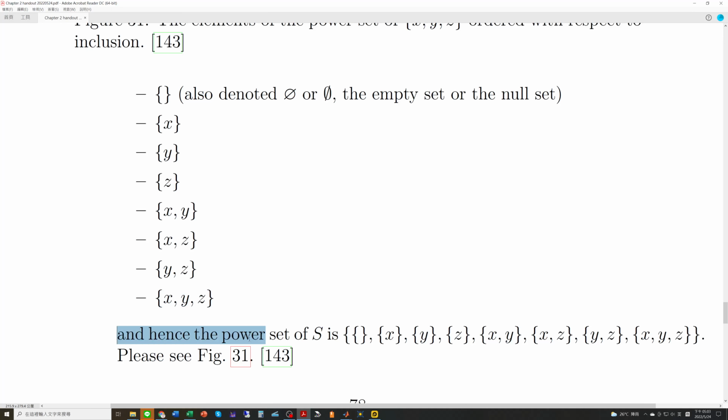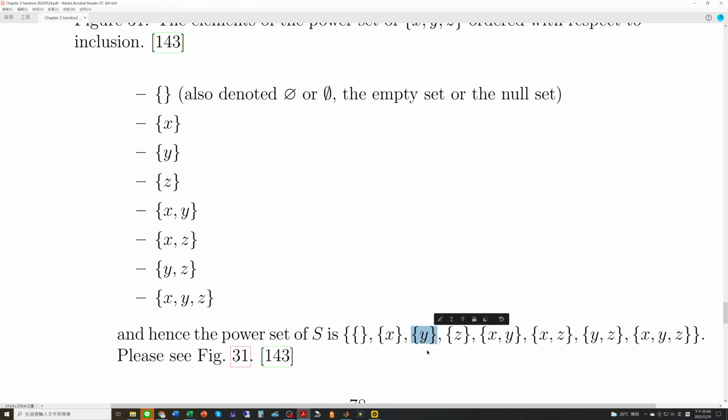And hence the power set of S is another set. Please note that this set has 8 elements, and each element is a set. So the first element is the empty set. The second element is a set that contains x.